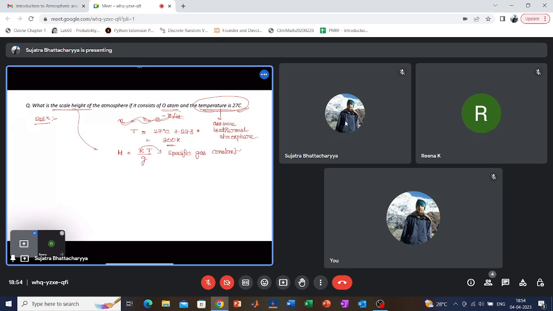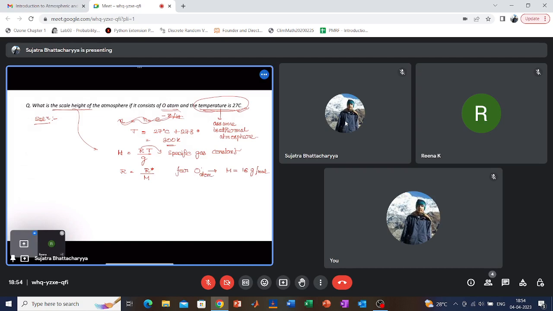I know that R is nothing but the universal gas constant divided by the molar mass or atomic mass. Here we have said that the atmosphere consists only of oxygen atoms. So the oxygen atom's molar mass is 16 grams per mole.